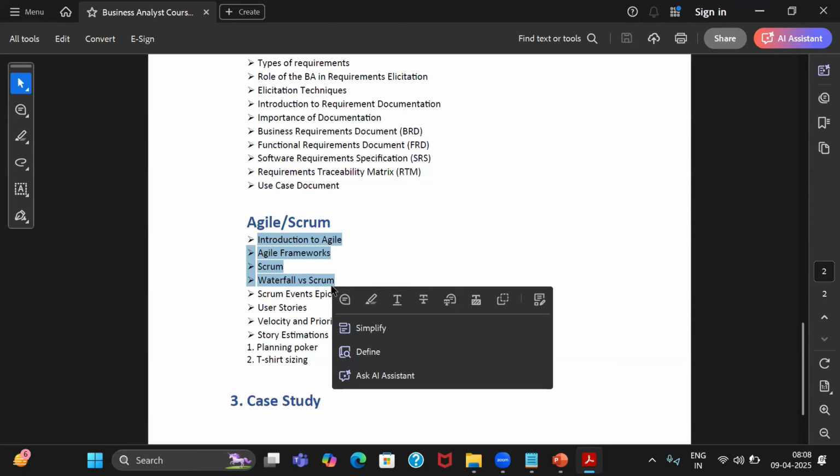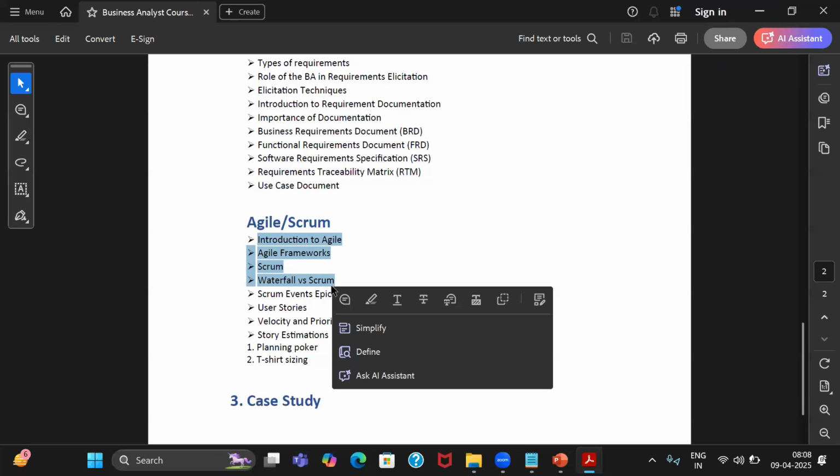Once we have built the basics, we move on to technical topics like what is meant by an epic, what is meant by a user story, how we write a user story, and what the essential components of a user story are.